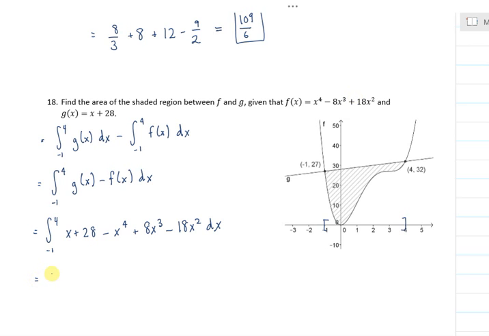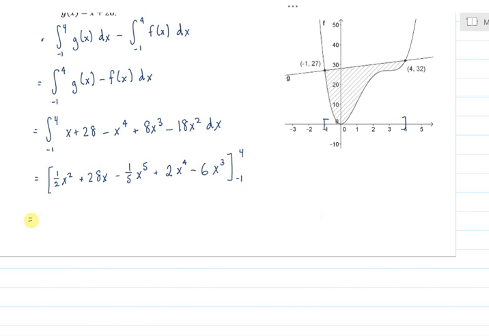Alright, doing my antiderivatives, I get 1/2 x squared plus 28x minus 1/5 x to the 5th plus, okay, I'm going to have x to the 4th. I have to divide by 4. 8 divided by 4 is 2. So 2x cubed. Here I get x cubed. I have to divide by 3. 18 divided by 3 is 6. And you do that from -1 to 4.